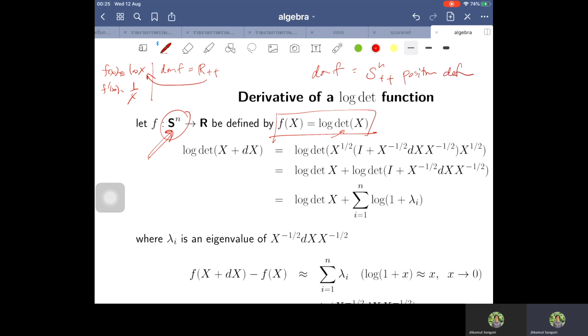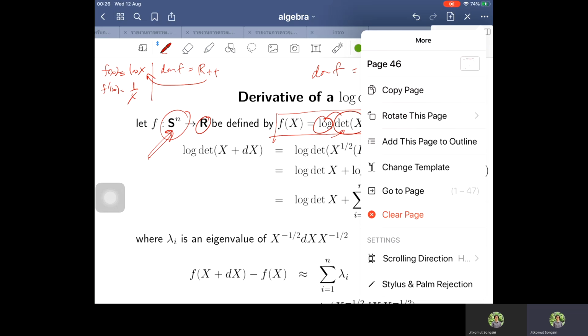Because for a positive definite matrix, you know that all the eigenvalues of such matrices are positive. So the determinant, which is the product of eigenvalues, will be positive. So it would make sense when you take the log. I mean, we want to restrict our function to be real valued.